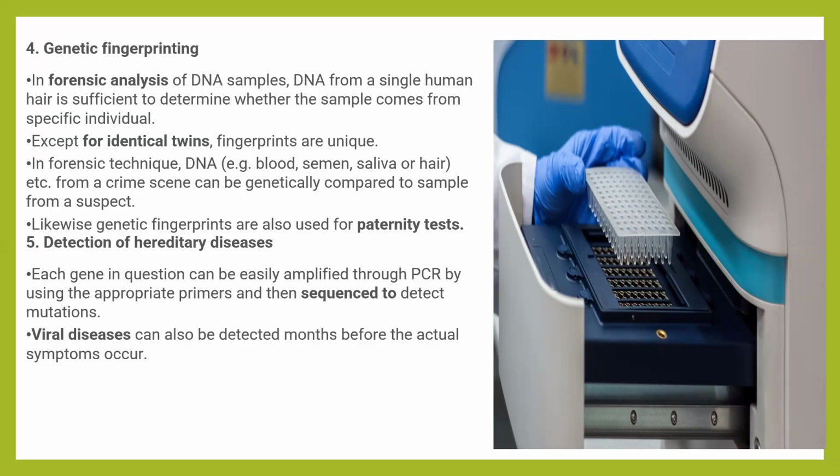In forensic analysis of DNA samples, DNA from a single human hair is sufficient to determine whether the sample comes from a specific individual. So it helps in forensic science also. With the help of PCR we can determine which individual the sample comes from.